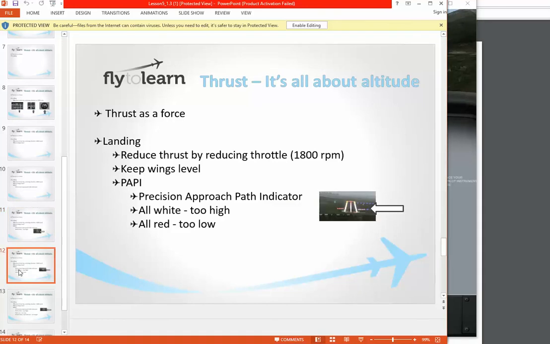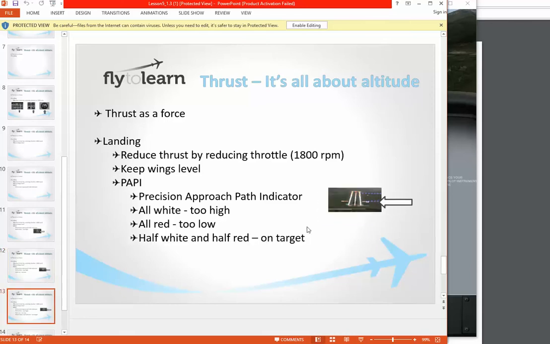So if I'm coming in too low, do I want to give it more throttle or less throttle? Yes, more throttle. So if it's white, pull off. If it's red, push on.